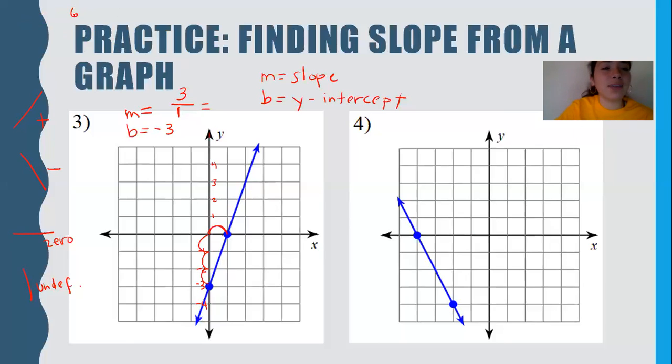If you have 6 divided by 1, your answer would be 6. If you have 9 divided by 1, it's 9. 8 divided by 1, it's 8. So what do you think 3 divided by 1 is? Looking at that pattern, it's going to be 3. Good. So 3 divided by 1, your slope is 3.